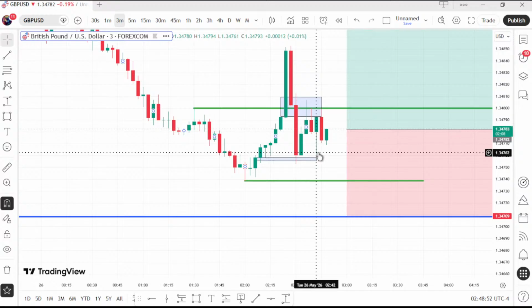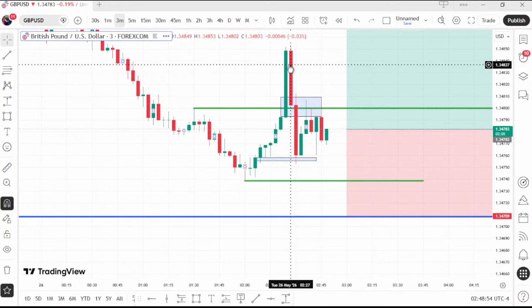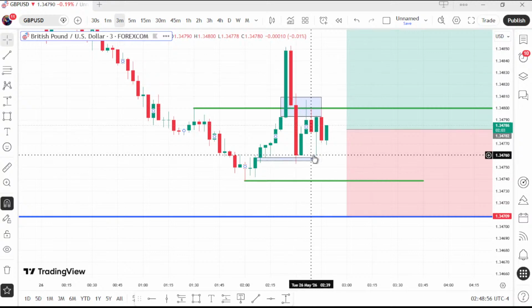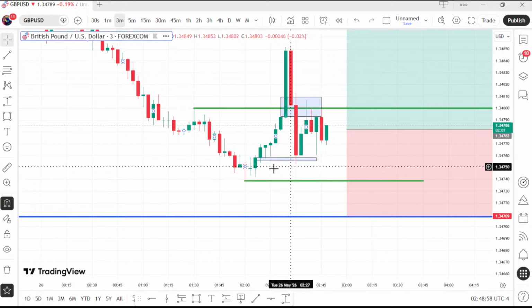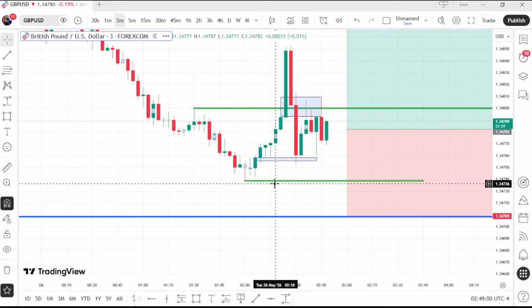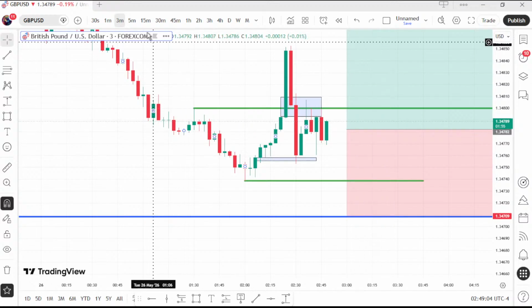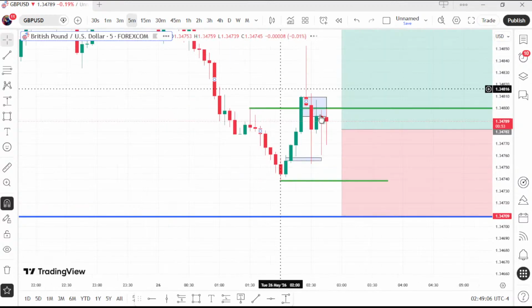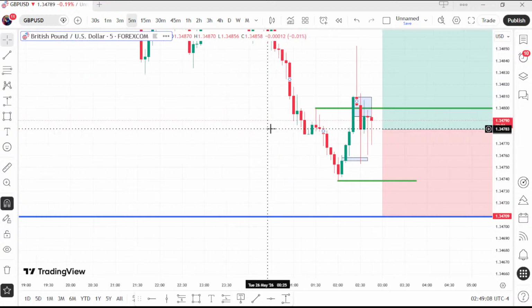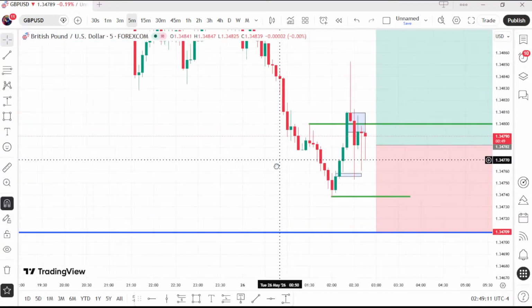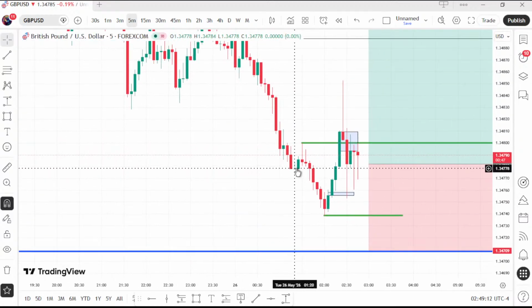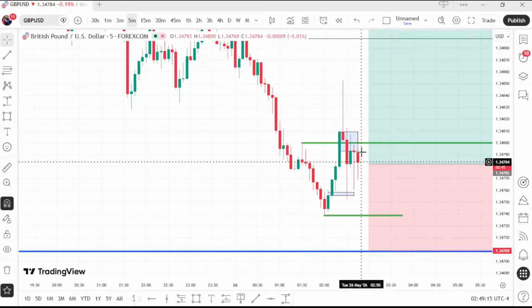I don't see price in that low. After this market structure shift, I actually don't love seeing price going that low. If it's really a nice move, it's a move that should be sending prices up higher.